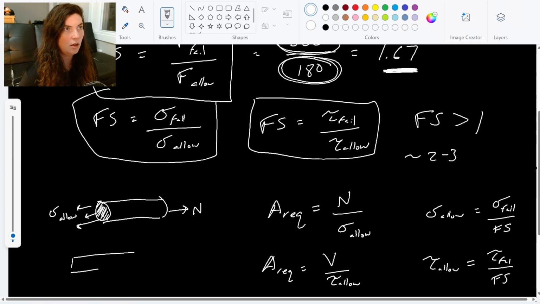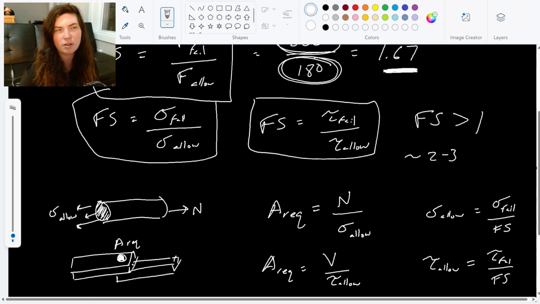That way I can know, oh, I need to use a 1/4 inch bolt in this design versus an 1/8 of an inch bolt. I know that my minimum bolt size here would have to be 1/4. An 1/8 would be too small, an 1/8 would fail, or it wouldn't have a great enough safety factor. This gives us a really basic template to use when we're designing things.